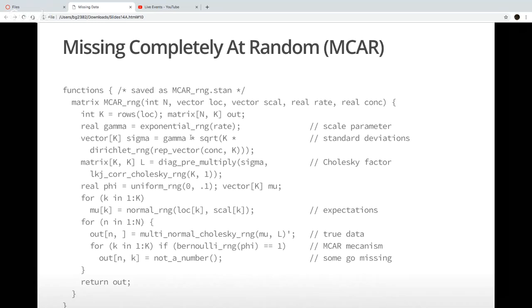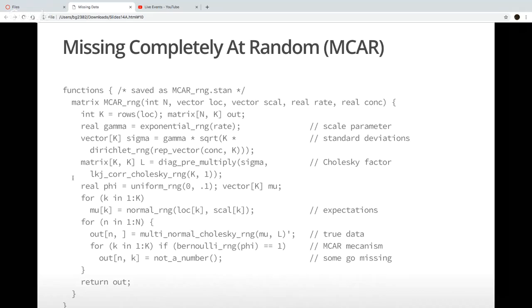Then on the next line here, we build up the Cholesky factor. So this is being drawn from an RNG distribution called LKJ corr Cholesky. So this is going to draw me a Cholesky factor of a correlation matrix. And by putting a k there, I'm saying, okay, I want this to be k by k.